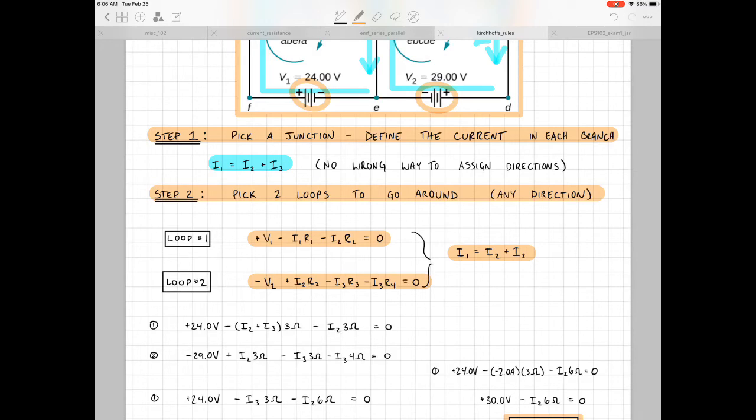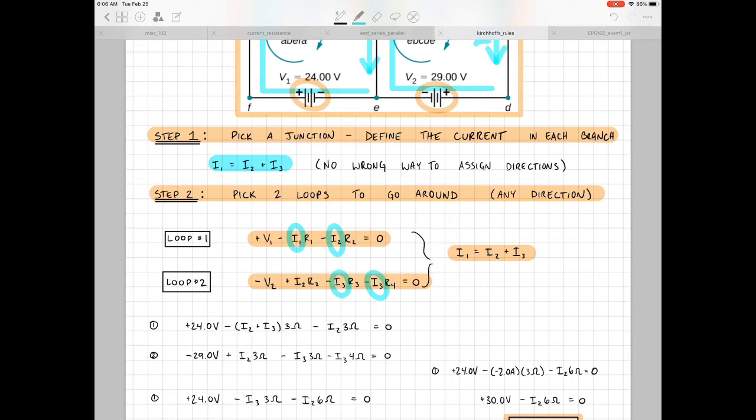So notice what I've got here. I've got 3 equations, and in this problem I know all of the battery voltages and all of the resistor values. So I've got I1 as an unknown, I2 as an unknown, and I3 as an unknown.